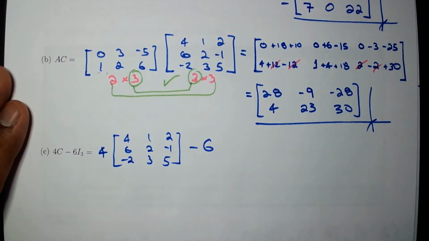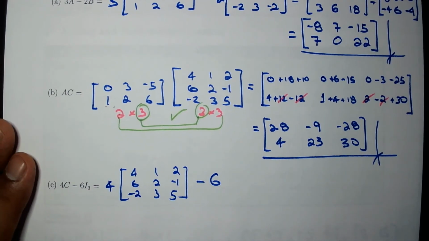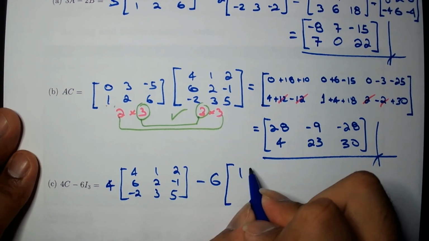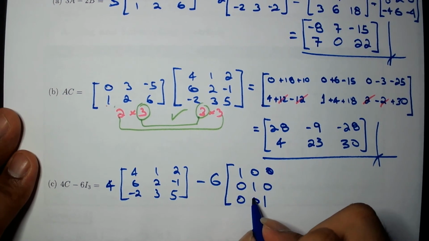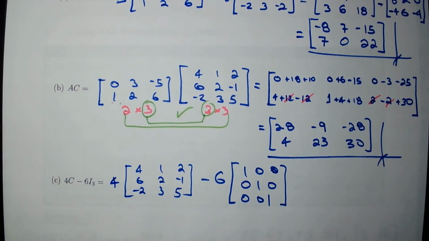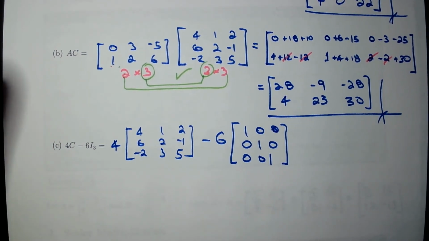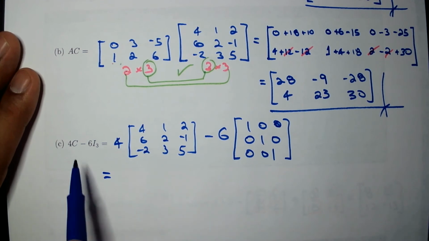Well, it's not given at the top of the exercise, but we know that I3 means the identity matrix, a square matrix of 3 rows and 3 columns. So what are we going to do? By PEMDAS, we do the multiplication first, and then we do the subtraction.